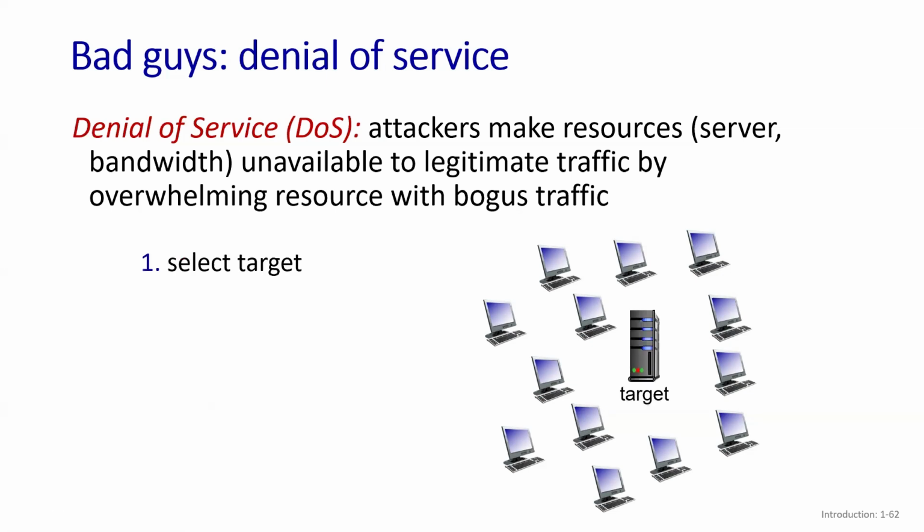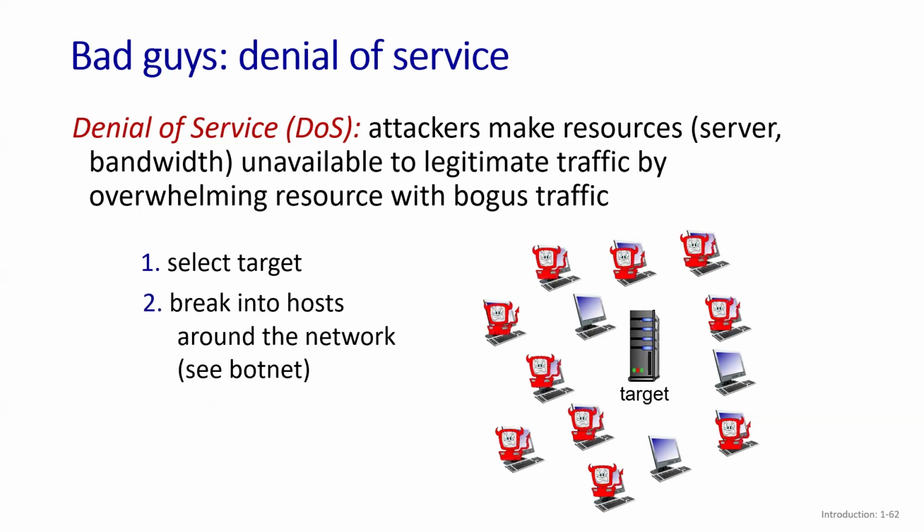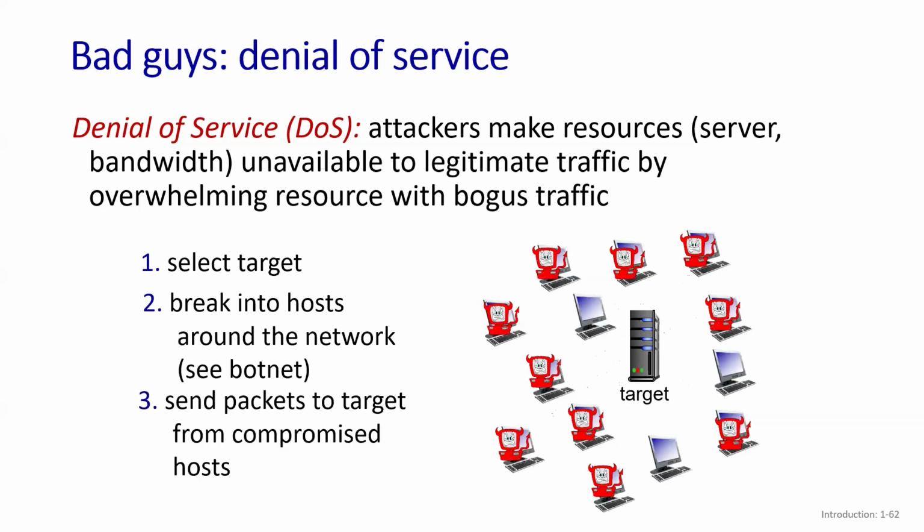In this example, you can see a distributed denial of service attack where the attacker takes control of the bots or computers on the network and then uses them to launch an attack on the server. Now, remember that distributed denial of service attacks are pretty difficult to handle or to prevent without the support of the ISP.